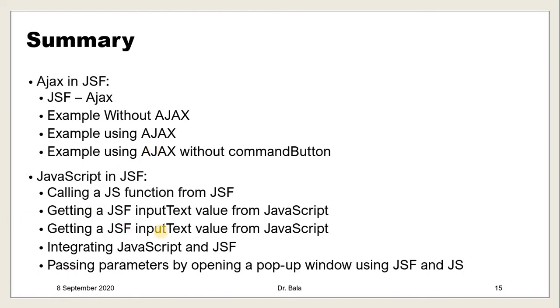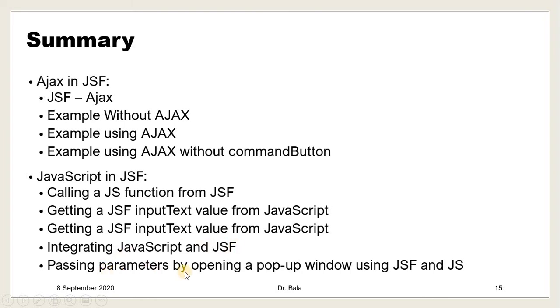On the JavaScript side, the first one was calling a JavaScript function in JSF. Second, we gave an input which was processed and shown in JavaScript, using a message to show the data. And the third one integrated JavaScript and JSF, in which we called the confirm method to process, which can trigger an event or action in JSF.